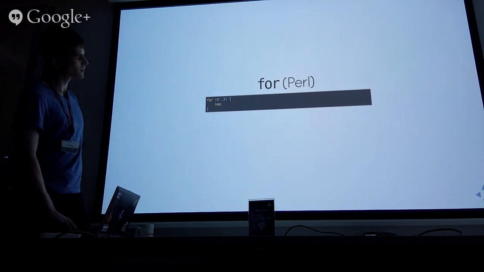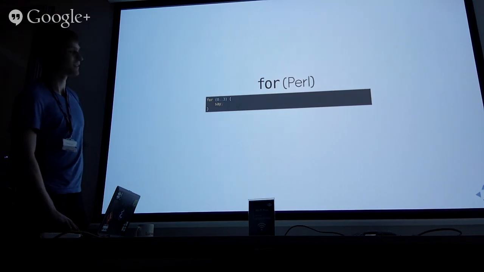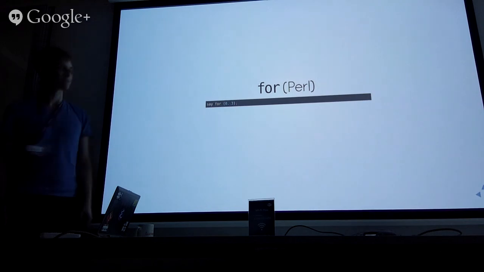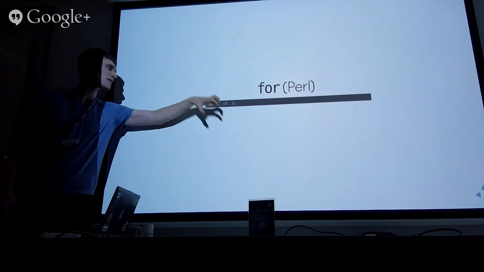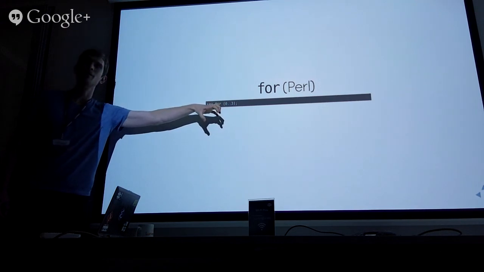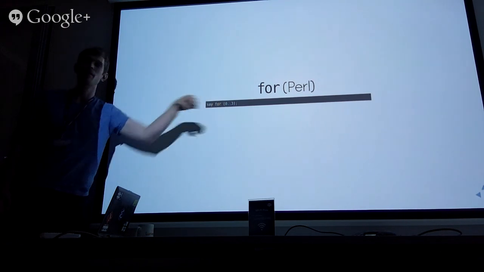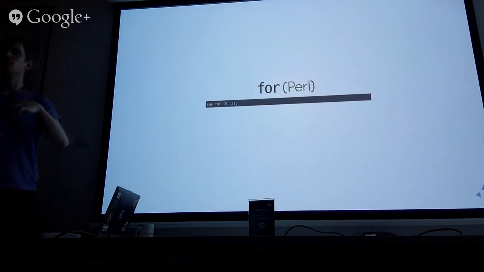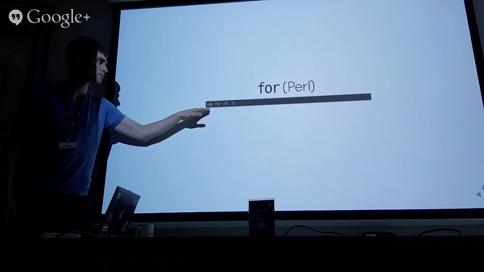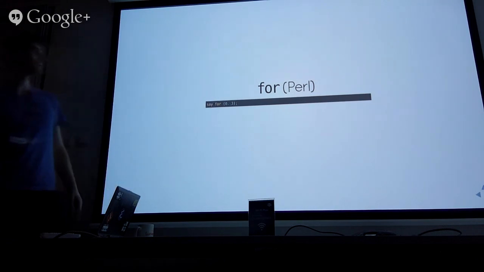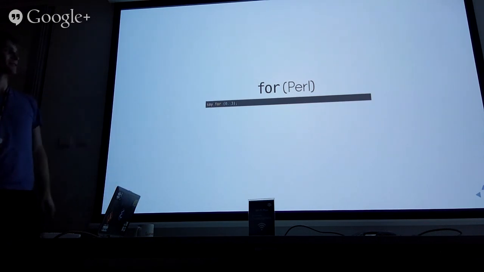It's actually quite short, isn't it? You can put a for statement as a postfix to an expression, and it would be done just for these arguments between 0, 1, and 3.